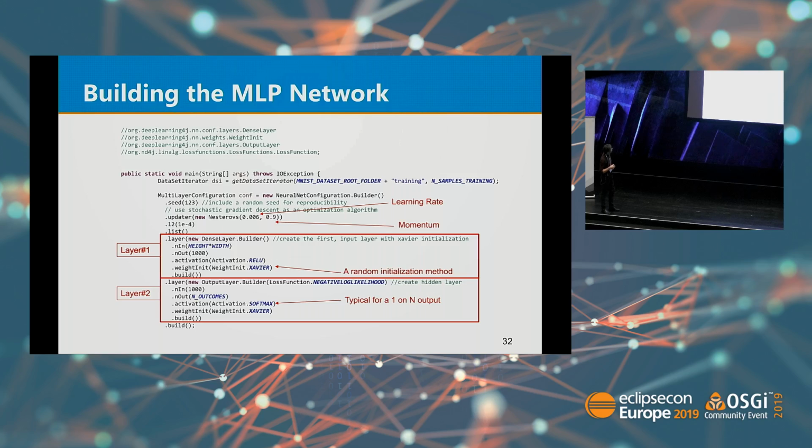So we have a hidden layer of 1,000 nodes, and then this is the layer between the hidden 1,000 and the output 10. This is the final layer.